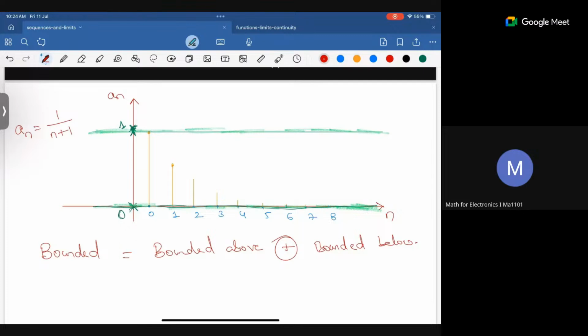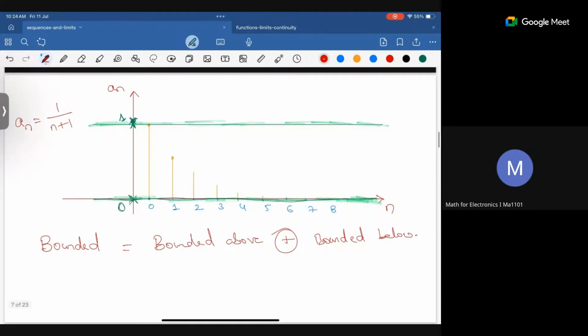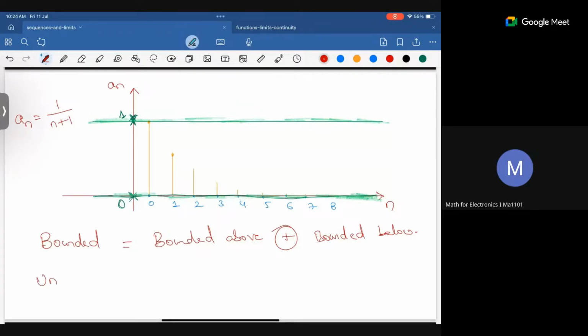If I have only bounded above and the sequence is not bounded below, or if it is bounded below and not bounded above, or if it is neither bounded above nor below, such sequences are called unbounded sequences. Unbounded means any sequence that is not bounded. If it doesn't fall in the first category, it will fall into the second category, which is unbounded sequences.